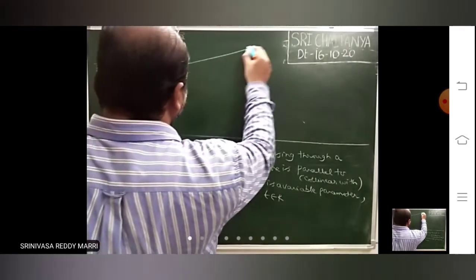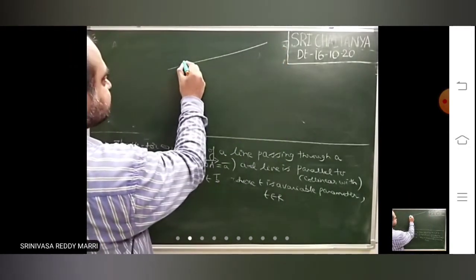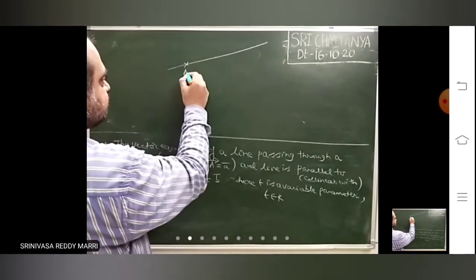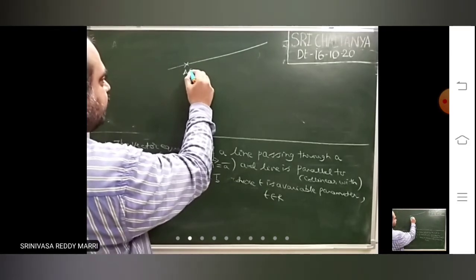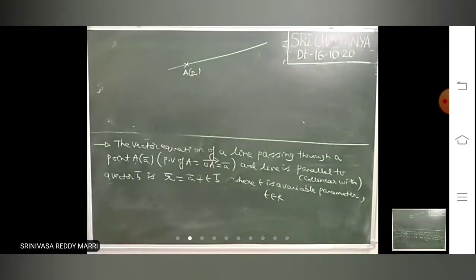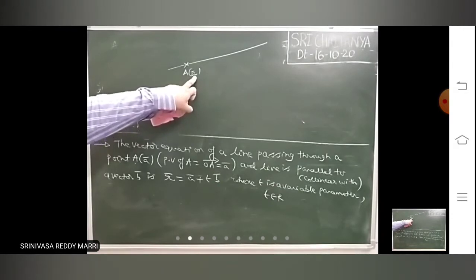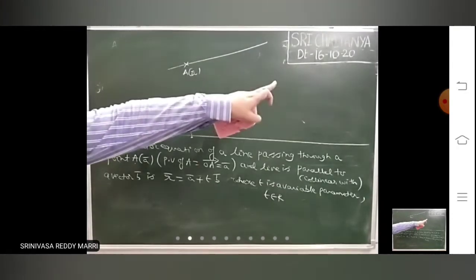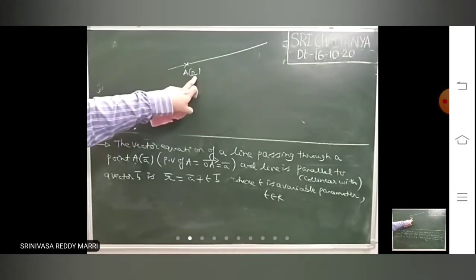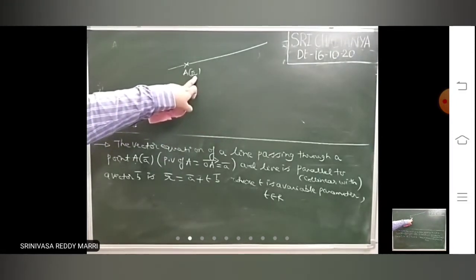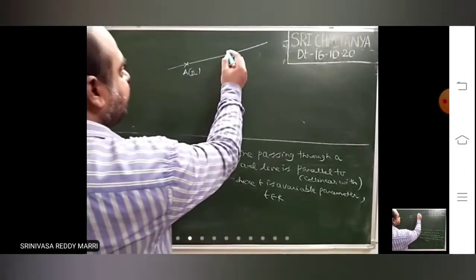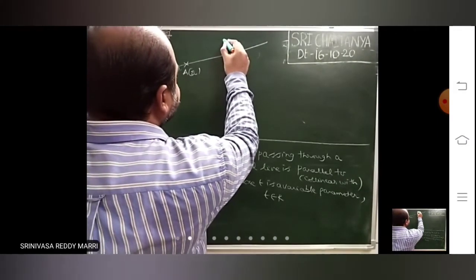Look at. Suppose the line is like this straight line. So there is a point on the line, just like in straight lines. In vector form means A bar. There what you will give, 1, 2. In vector form means the position vector will be given for that point. And the line is drawn parallel to a vector.